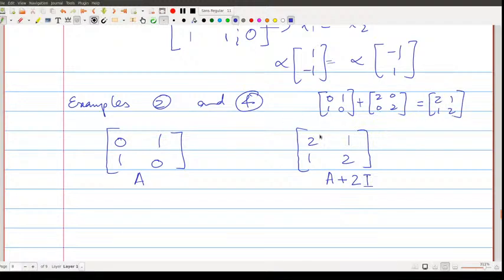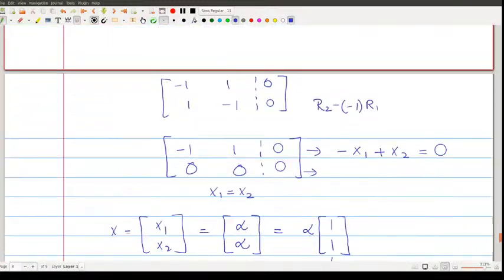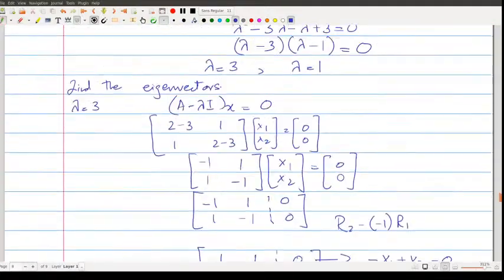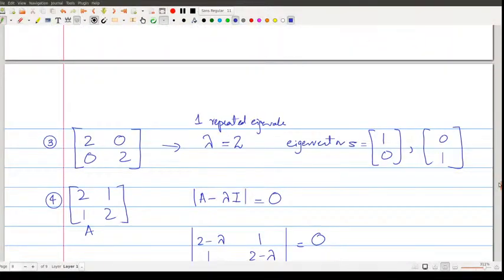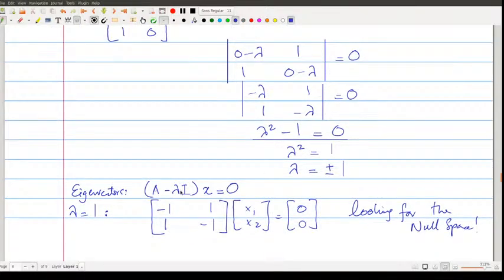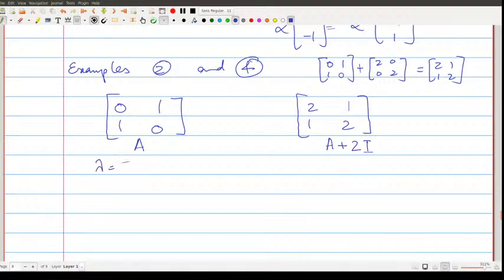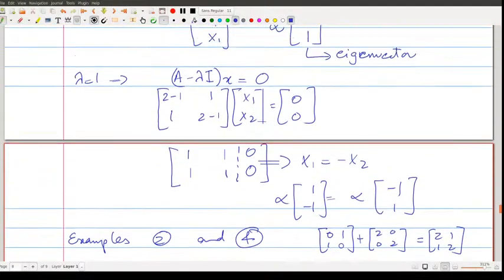So that's the relationship. And what did we find for the eigenvalues? The eigenvalues of the first case were plus 1 and minus 1.